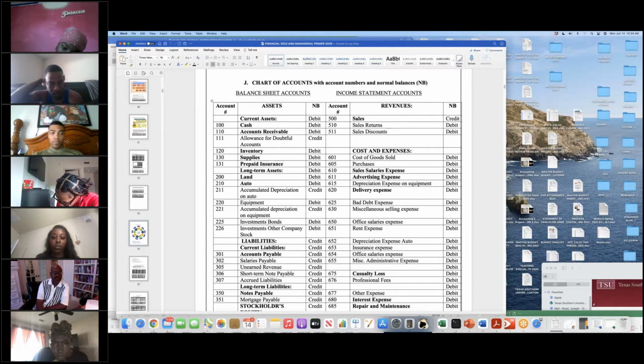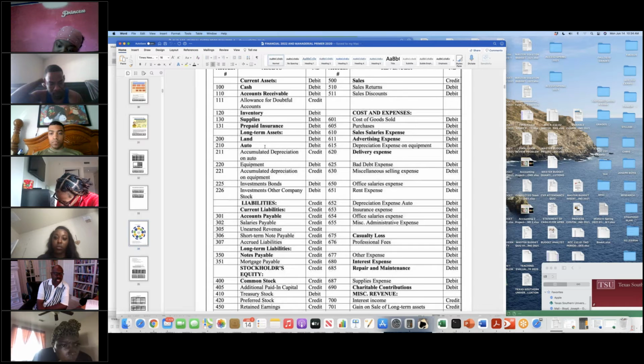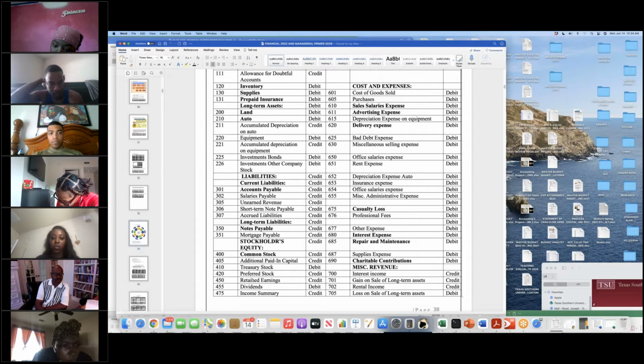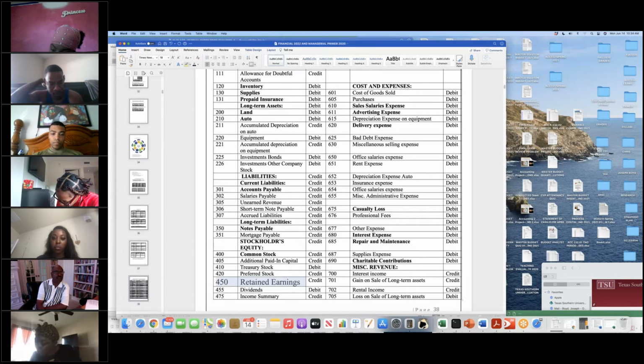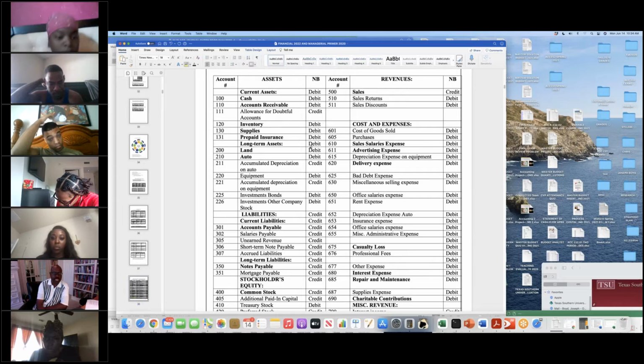Permanent accounts started with assets, cash, and it goes to retained earnings. So retained earnings is the last permanent account, okay?